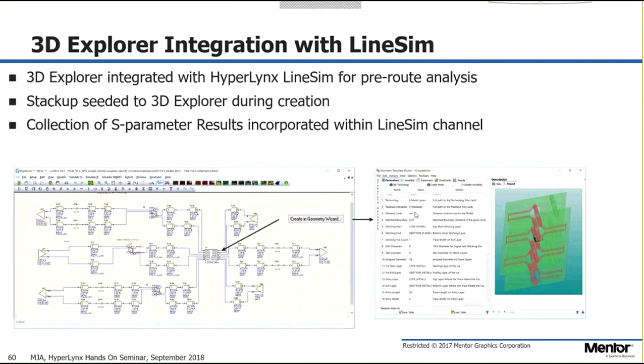You can go through and create little 3D structures, sweep through them, create S-parameter models, see which ones are most ideal, and then you can actually go back to LineSim and try those out.